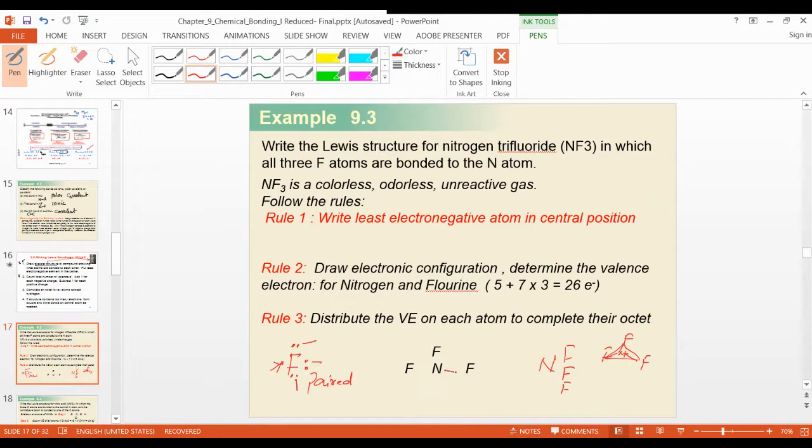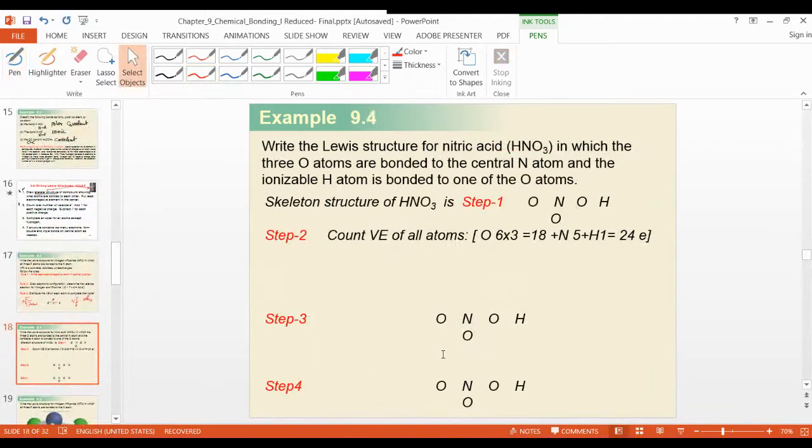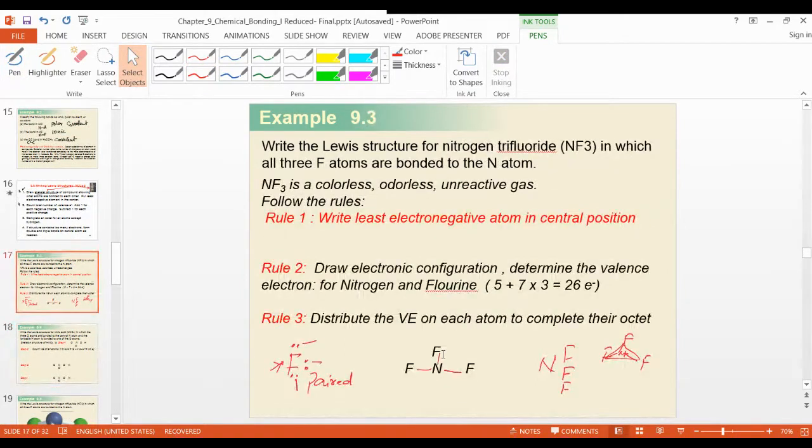So now I will just put single bonds here. All right. Then after that, you will see how many electrons you added.